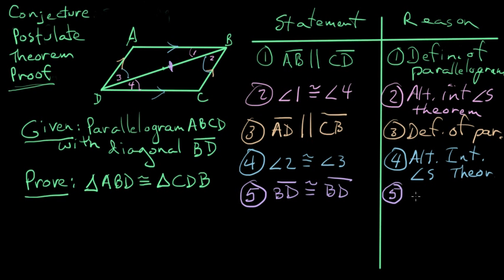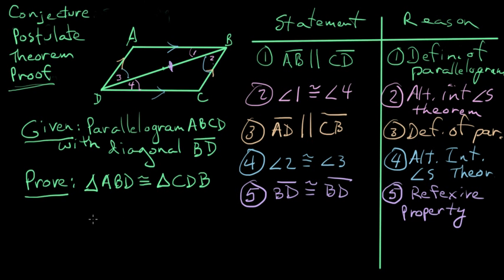What reason do I have for that? Well, some of you might remember that's the reflexive property of congruence. And so think about this now. I've got this angle congruent to this angle. I've got this angle congruent to this angle, and I've got this side congruent to itself.